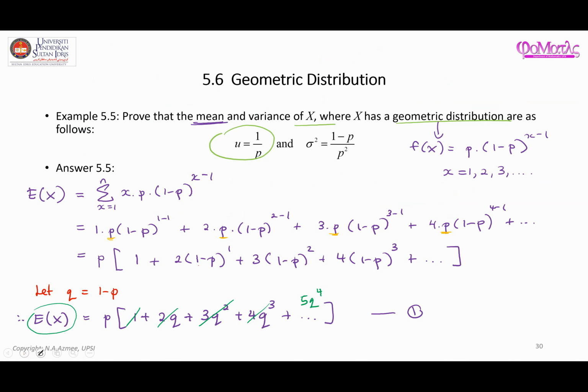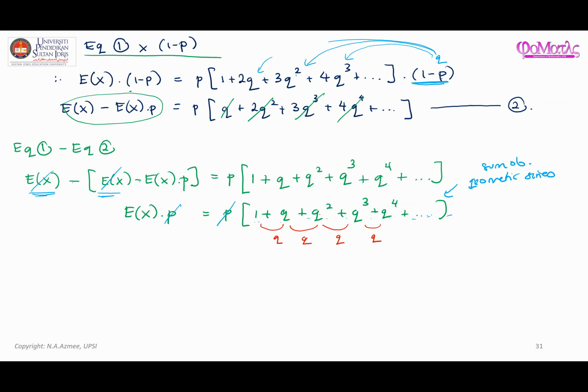How does it look? This one can be written as 1 times q to the power of 0. This one is 1 times q to the power of 1, this one is 1 times q to the power of 2, 1 times q to the power of 3, 1 times q to the power of 4, and so on. The pattern is like that.